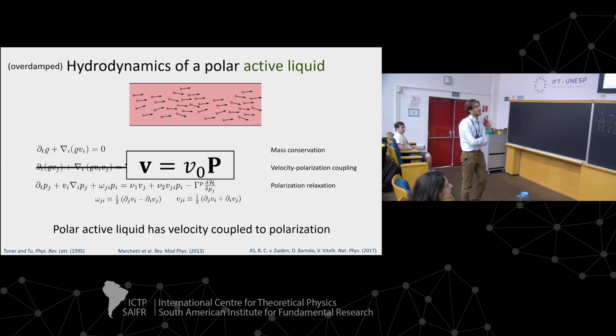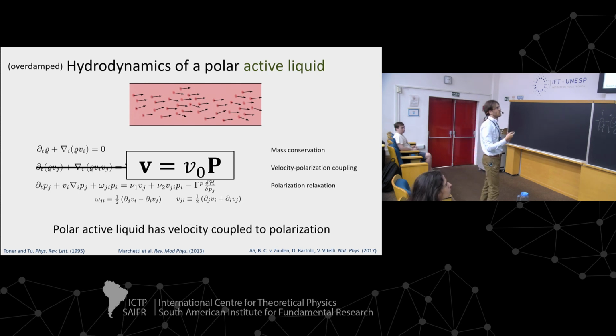Once you do that, you can substitute that back in and get a version of these Toner-Tu equations. And again, this relaxation dynamic, this Landau term, comes precisely from the relaxation dynamics in your polar order parameter in equilibrium.